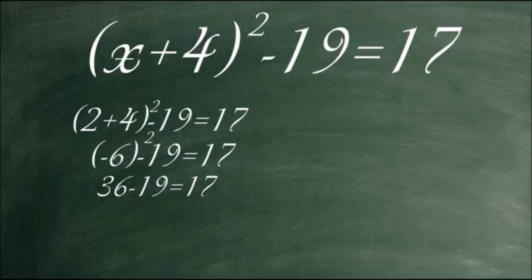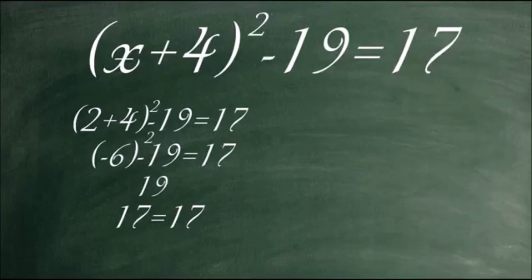Copy the remaining terms. 36 minus 19 equals 17, because 19 subtracted from 36 is 17. 17 equals 17, meaning that the value of x sub 1 is correct.